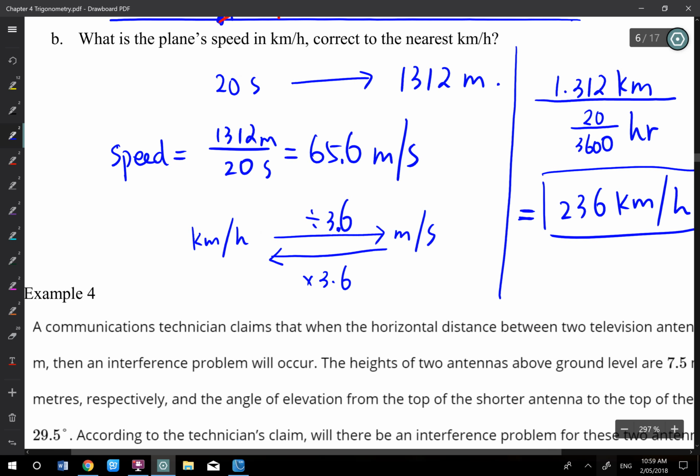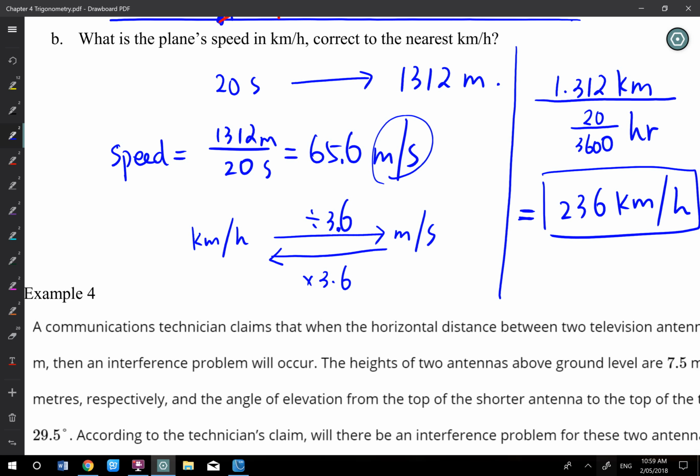Because I want to convert meters per second to kilometers per hour, I need to times by 3.6. If you remember the ratio, that's fine as well. You don't need to go through what I'm doing over there. You can just times this number by 3.6. If you want to convert this back to meters per second, you divide that number by 3.6.